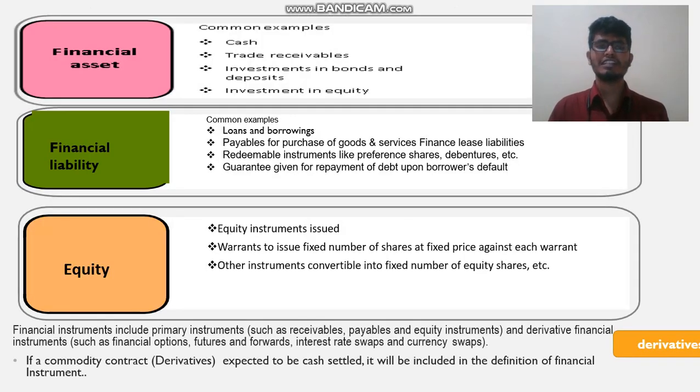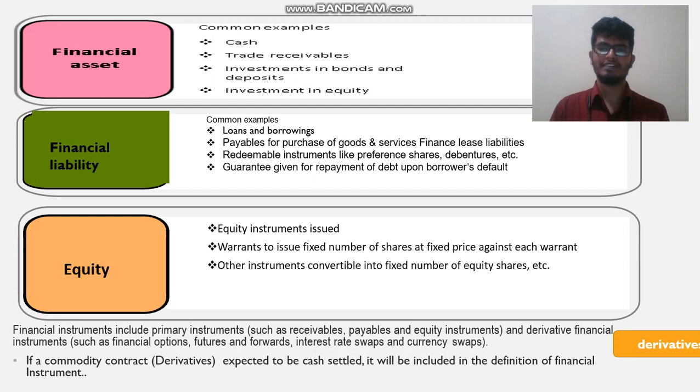So here are three classifications: financial assets, financial liability and equity. Common examples are: cash, trade receivables, investments in bonds and deposits, then investment in equity. These are all financial assets. And financial liabilities are: loans and borrowings, payables for the purchase of goods and services, finance lease liabilities.